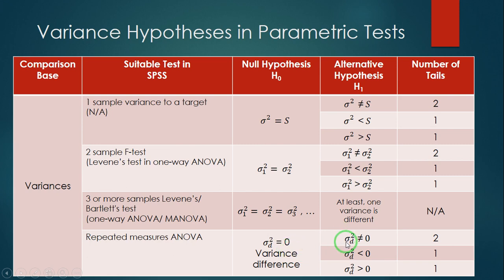And if we focus on the inequality of the variance to 0, it could be a two-tailed alternative hypothesis. And we also can focus on the variance to be smaller or greater than 0 as a one-tailed test.